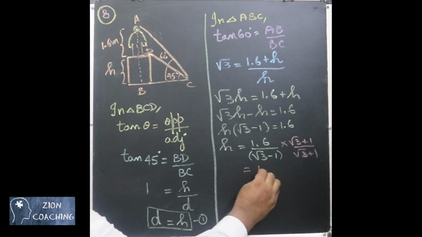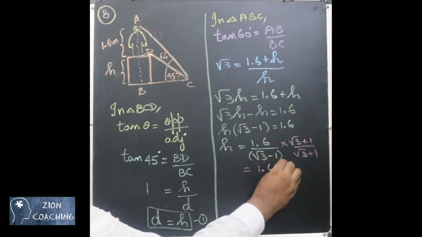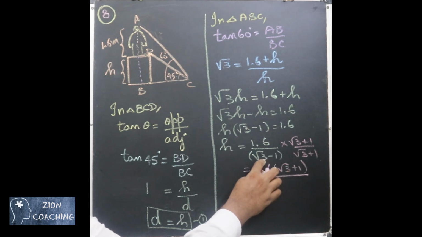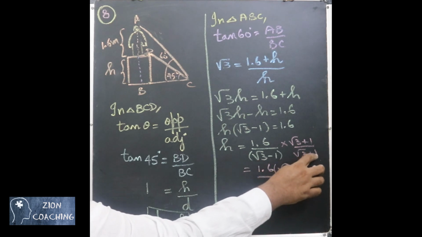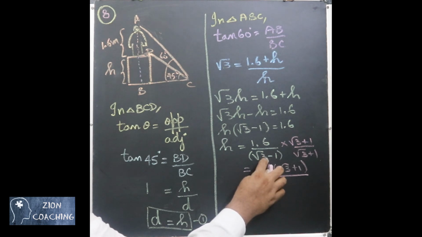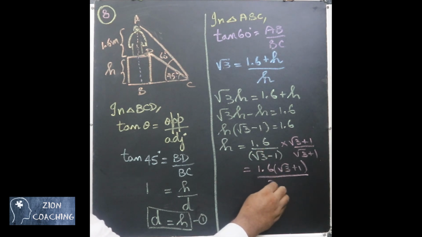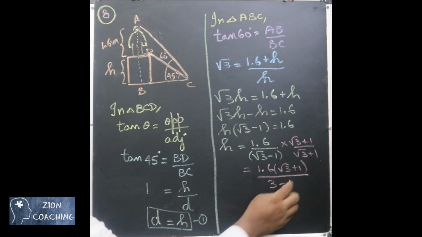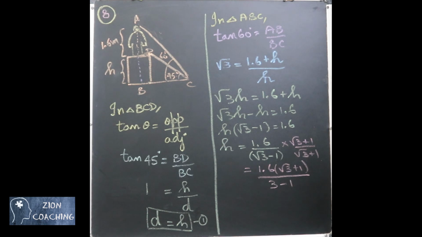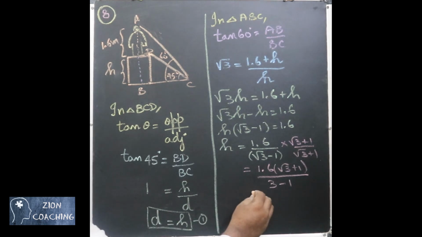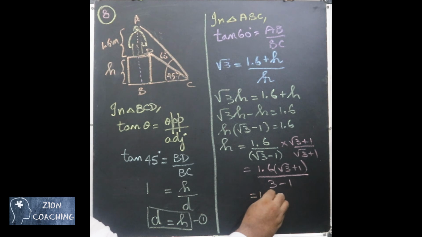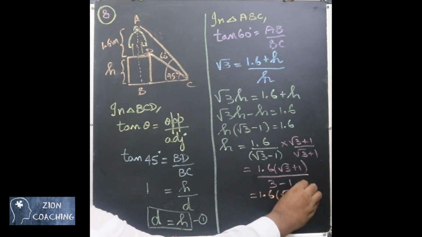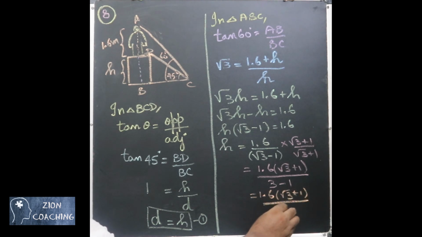So the answer will be 1.6 into root 3 plus 1 divided by, this is of the form a minus b into a plus b, that is going to be a squared, root 3 squared is 3, minus b squared, that is 1 squared, so it is 1. So finally we will have 1.6 into root 3 plus 1 divided by 2.